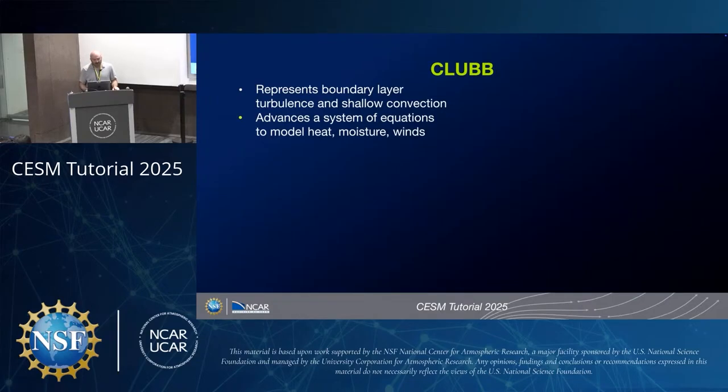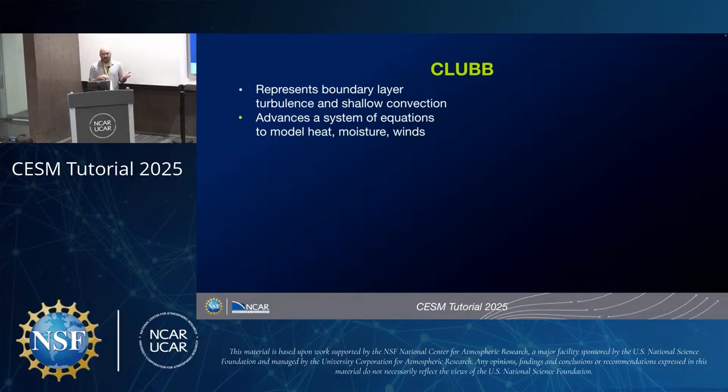Okay, so CLUB is quite a bit more complicated than ZM. It's actually a full-blown turbulence model based on the Navier-Stokes equations and conservation equations. So it represents, or tries to represent, completely the boundary layer turbulence. And along the way, it will also model shallow convection, which used to be handled by a different scheme in CAM.